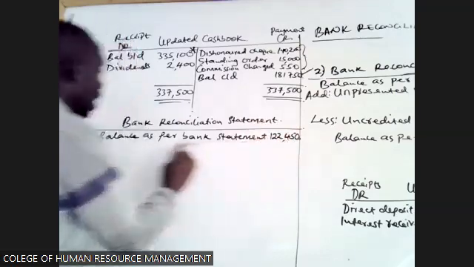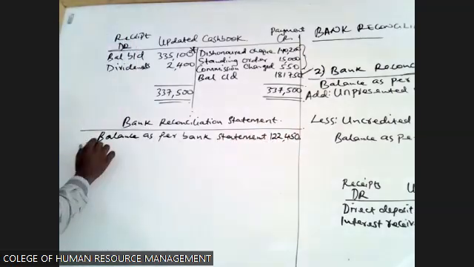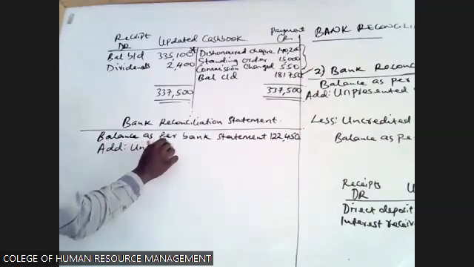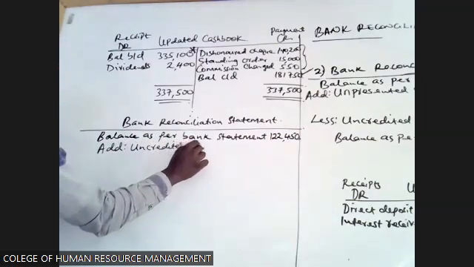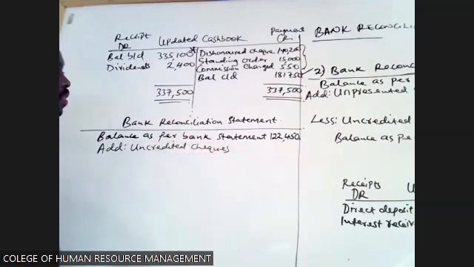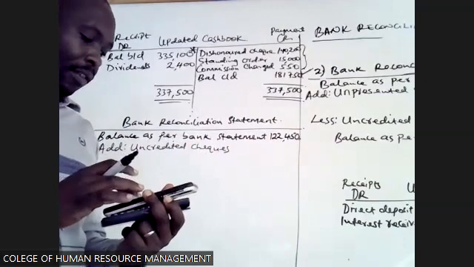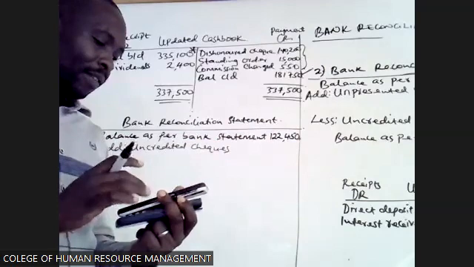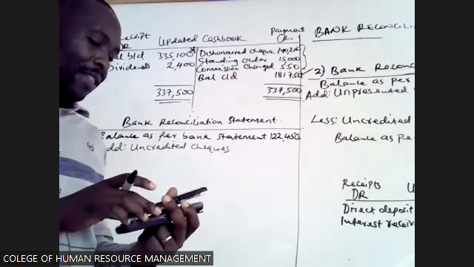When using the balance as per the bank statement, what you add is uncredited checks. Those checks appear as statement number 6, checks from Timothy and Jane.